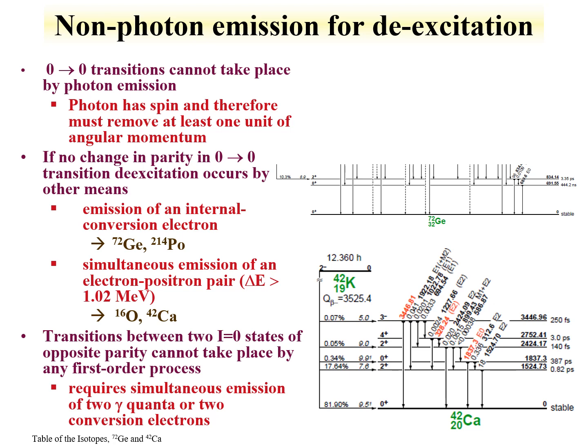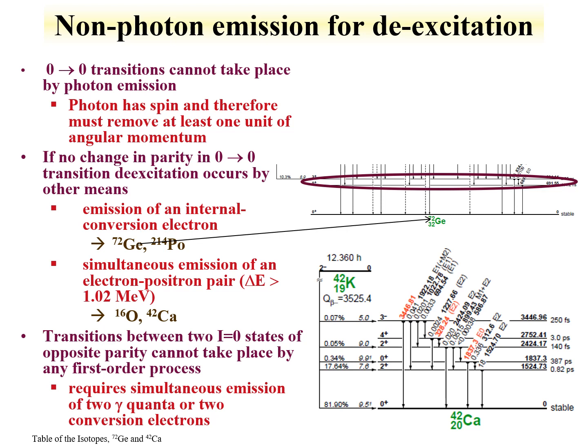For nuclei in excited states that are 0 plus excited states, it's possible to have a de-excitation of that nuclear excited state without the emission of a photon. So there are a few non-photon emissions for de-excitations. As an example, here's a part of the nuclear excited state for germanium-72, and we can see there's this 0 plus state shown.